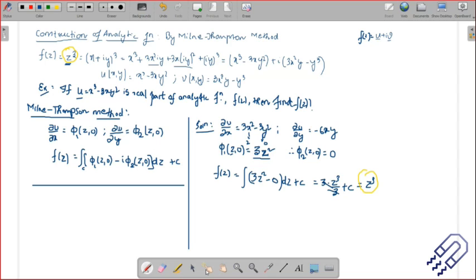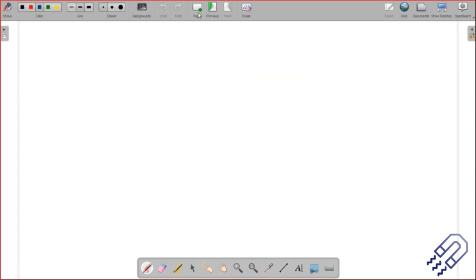These kinds of problems are very common, and we can do n number of numericals based on this technique. Let me explain for v. Let's say you are given v, that means you are given the coefficient of the imaginary part. Let's try to find out what the possible values can be. v is equal to 3 times x square y minus y cubed.